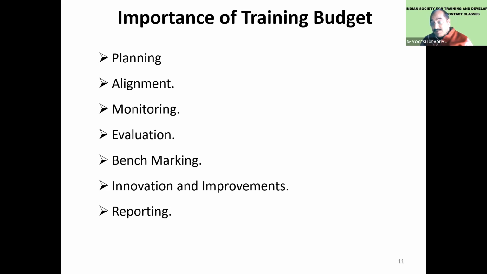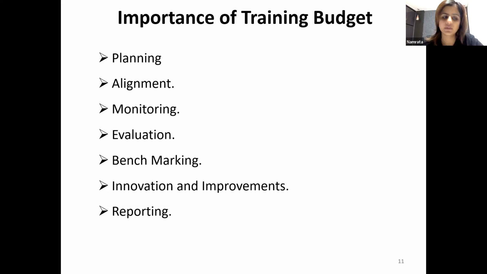We developed a training information management system in which, in one click, you can have subject-wise training programs, how many I have done. If you put in my personal number, how many programs I have done. You can also have innovation in the training process with the budget, like you have created a hall. And you have to keep a record of these innovations every year and put it in your folder.